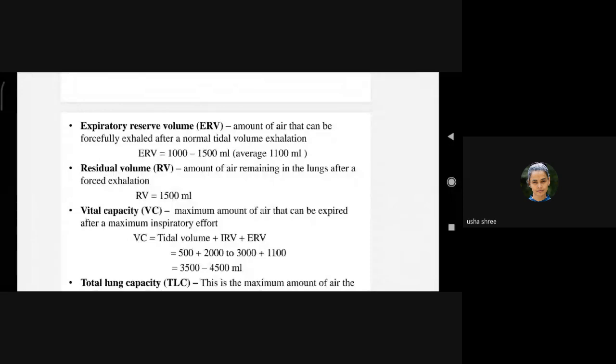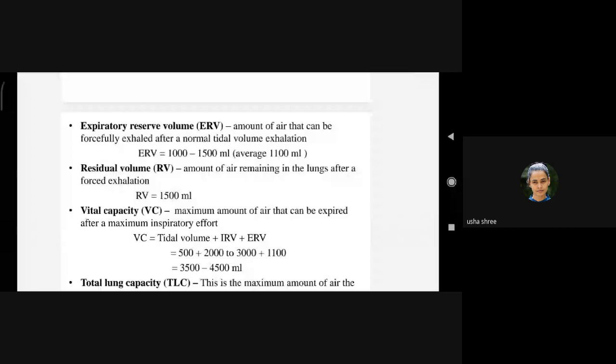So the lungs will be choked and there will be no chance for life, right? If lungs are getting collapsed, then there is no chance for life anymore.